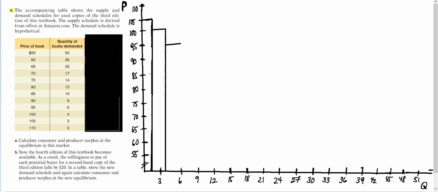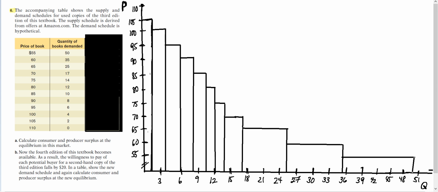Now that I have done the first few, I'm just going to go ahead and do the rest. Okay, so I've plotted bars for all of the information that we have in the table. Now, if you notice, for the first time we are starting to see bars that are not equal in width.